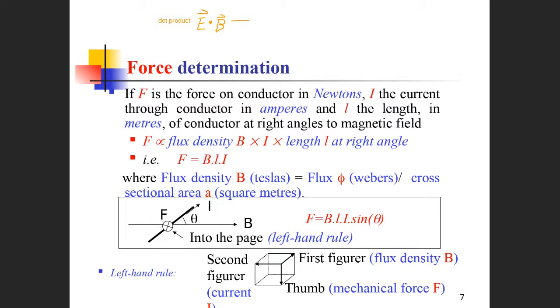That will be the value of E times the value of B times the cosine of the angle between them.